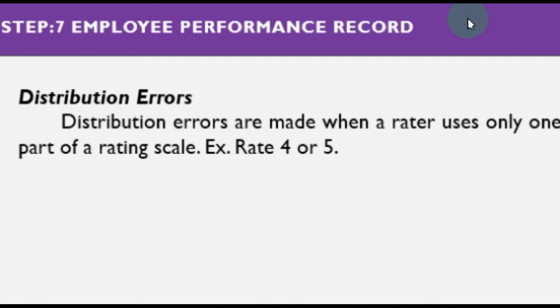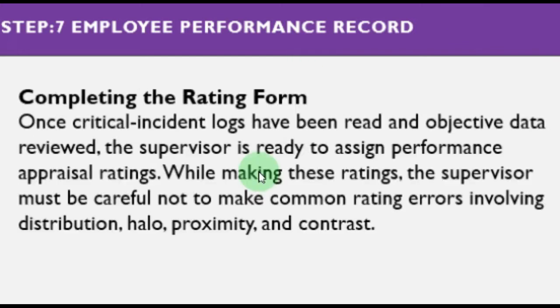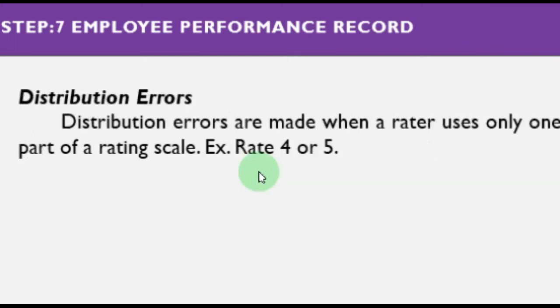So distribution errors, how are you going to identify the rating of 4 and 5? Okay? What are the restriction or ano pinakaiba ni 4 and 5? If you are going to rate an employee. Okay? So, dapat malinaw yon. Kung malinaw kung anong difference ng 4 at saka 5.